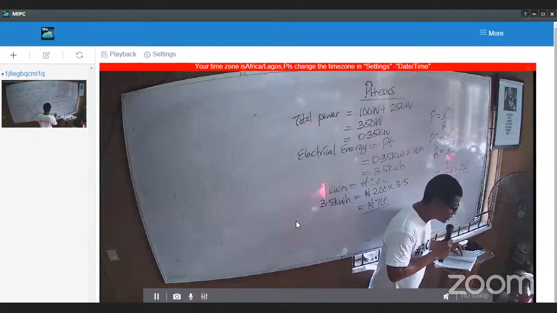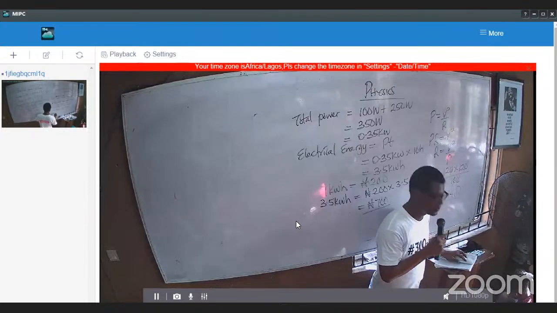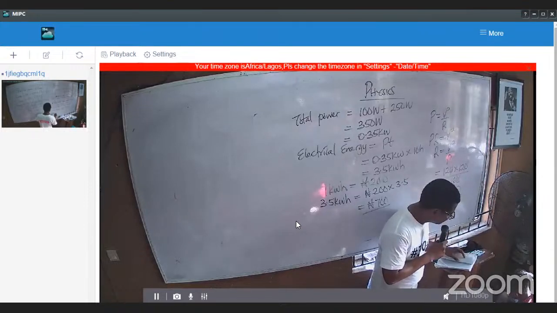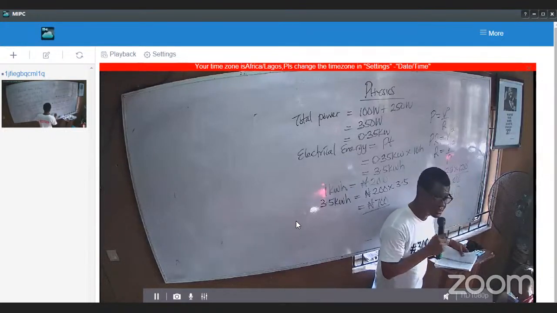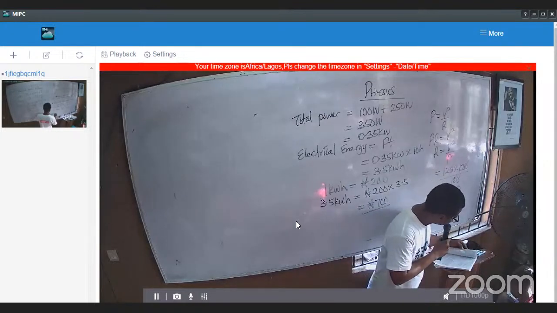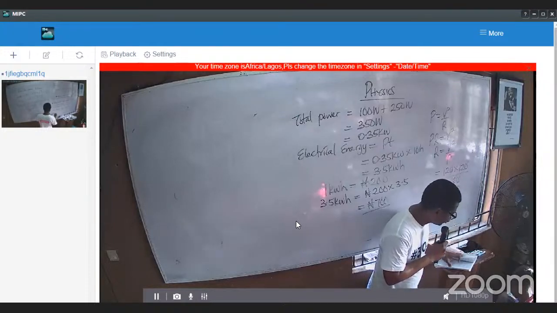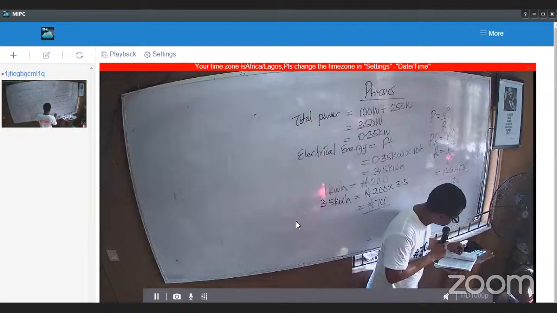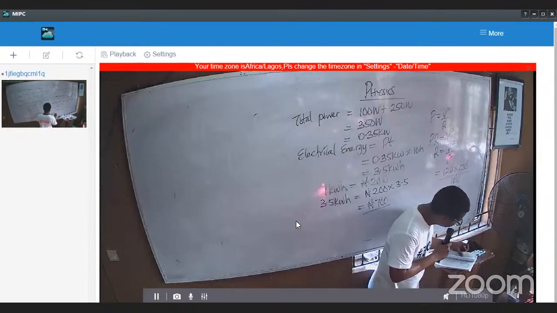Option B, it prevents excess current from flowing through a device.